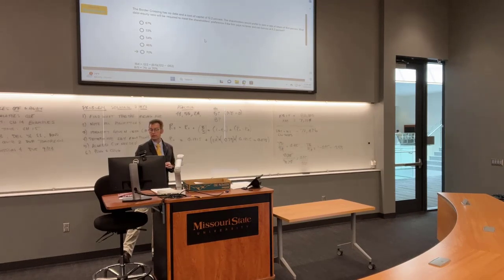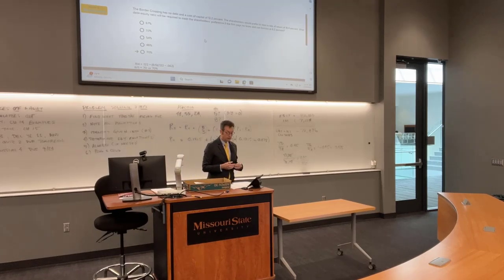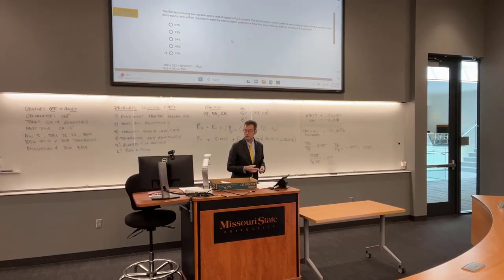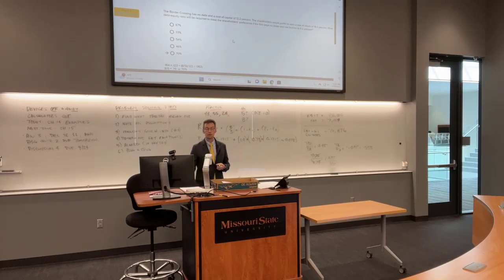Very good, it's R sub S. And we are going to be trying to find the debt to equity ratio, and then they give us one more piece of information. What is 6.2%? Yeah, it's R sub B. If we plug all that into Proposition 2, no taxes, and just solve for B over S, we'll be good to go. Questions?